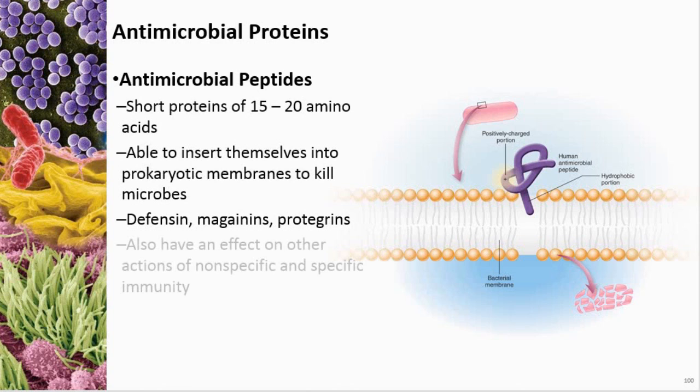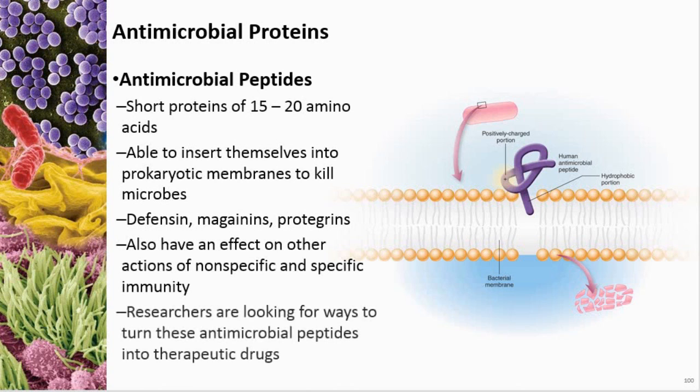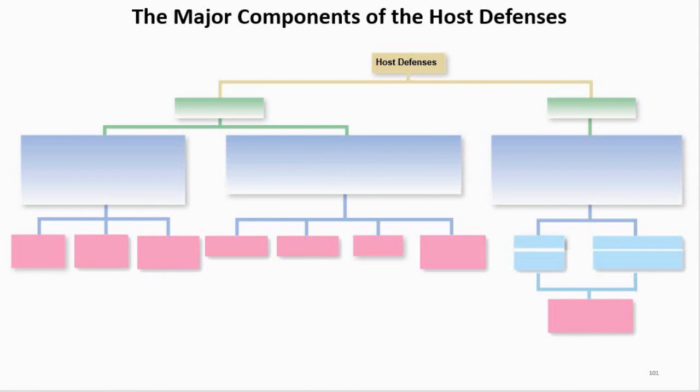They also have some other functions as well. So scientists are trying to use these peptides for therapeutic drugs because if they can control them, they can use them to fight off infections or do other things for that matter.